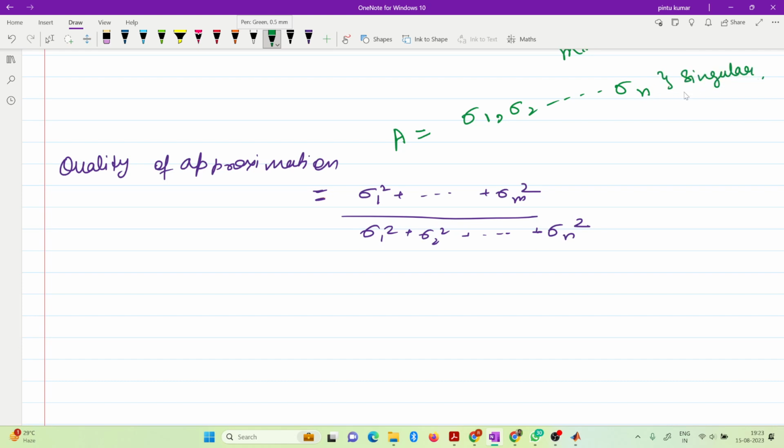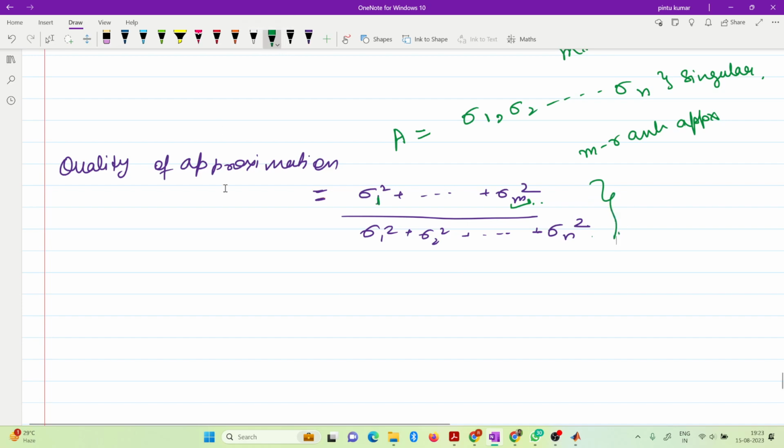Now, if you obtain an m rank approximation, then beginning from sigma 1, you will truncate till sigma m. How good this approximation is, that quality of approximation, is given by sigma 1 square plus sigma 2 square till sigma m square, divided by sigma 1 square till sigma n square. This is the quantity.